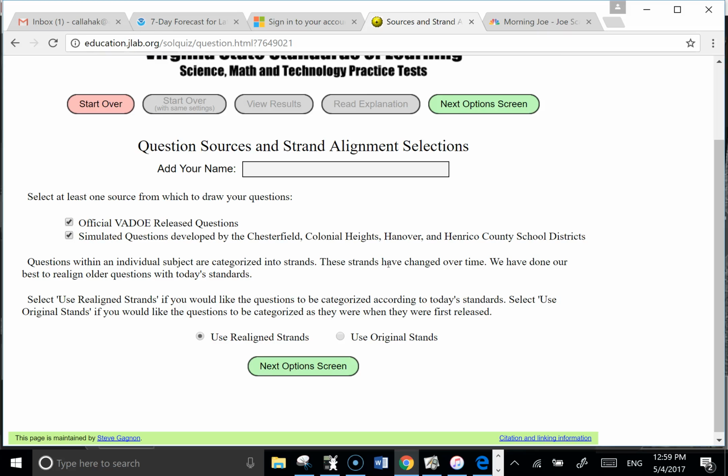You could pick one or both. When it says use realigned strands or original strands, that has to do with the SOLs changing in 2009. If you use the original strands, you could get some questions that we actually don't do anymore. So it's probably safer to use the realigned strands.